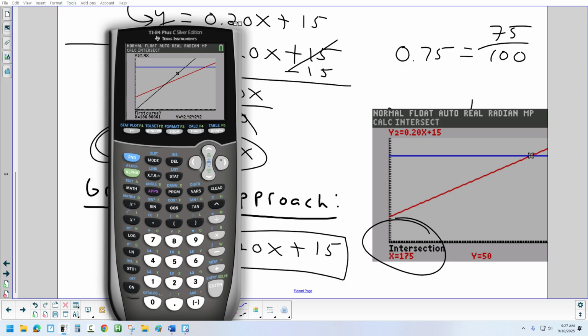And if I move my cursor, I can tell it's sliding along the black one. So I'm going to hit enter somewhere on the black. And now I said red and black, it went back to blue. I'm going to keep hitting the up arrow till I get on the red one. So what I did is I'm just picking a point anywhere to tell the calculator, use the red, use the black, ignore the blue.